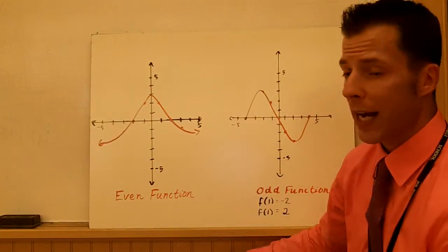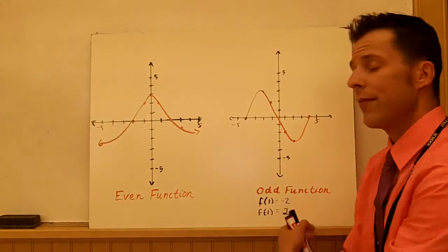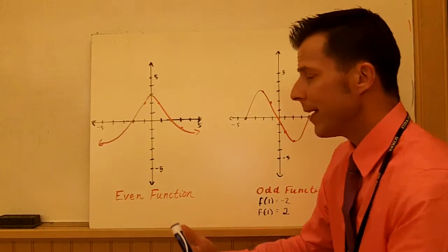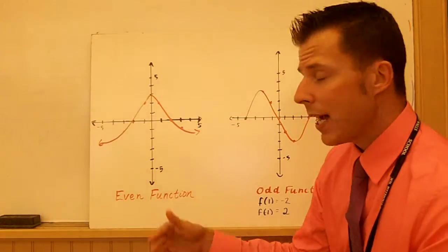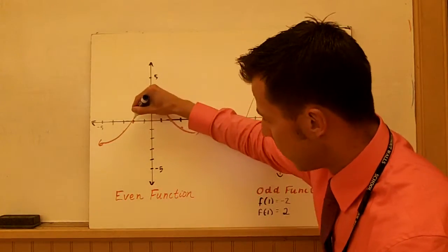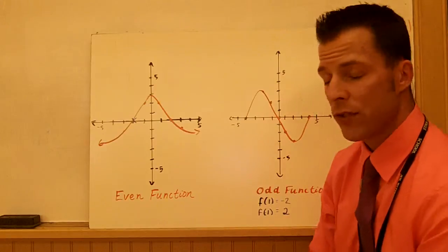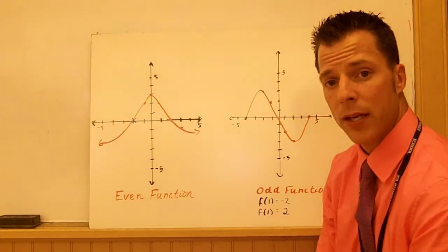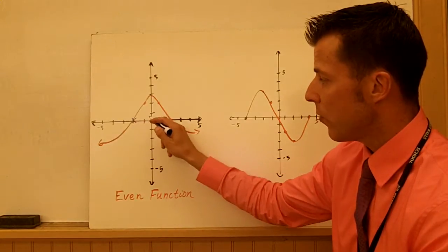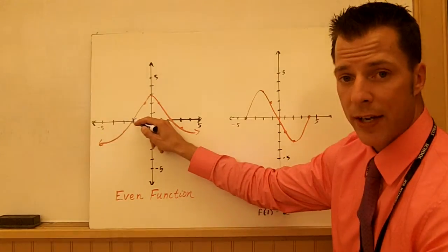On the left here, I have an even function, and on the right, I have an odd function. And so what that even function says, if I pick a distance that's x or y units away, so if I pick this distance here, right there, this is negative 2, 0. Now, I am 2 units away from the y-axis, and my y value is 0.